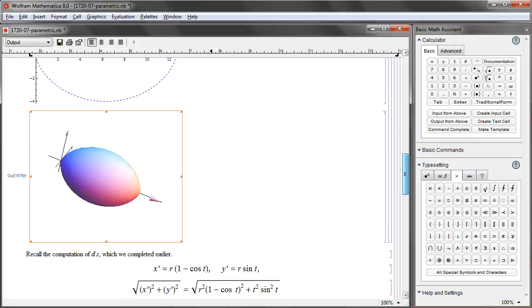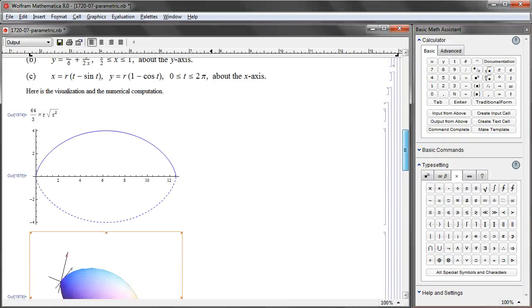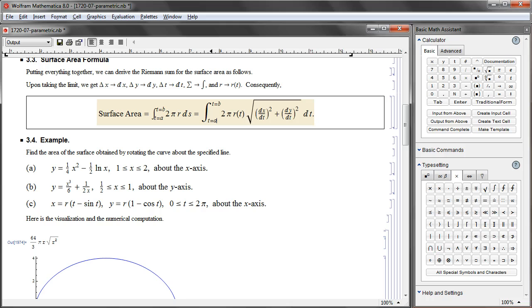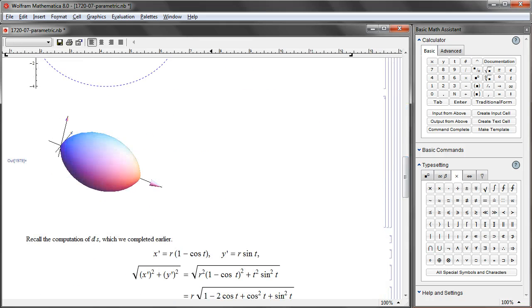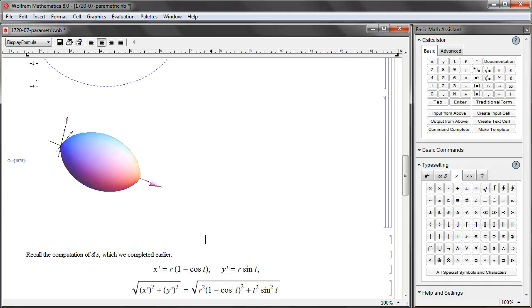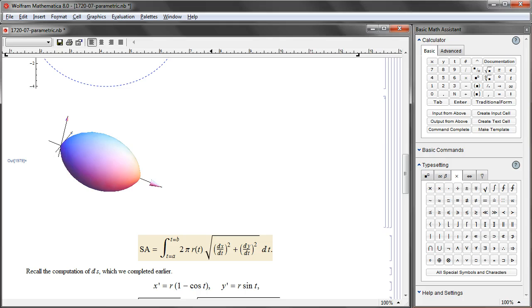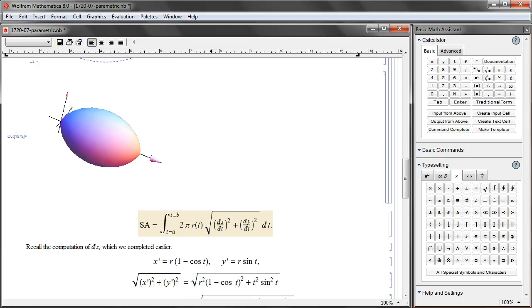Well, we have to use that surface area formula, excuse me, here it is. So let's copy and paste that thing here. This is what we'll have to do. And then the radius is going to be just y of t, because we are taking the rotation with respect to the x-axis, and x is 1 plus cosine of t, so that's where you can calculate x prime.